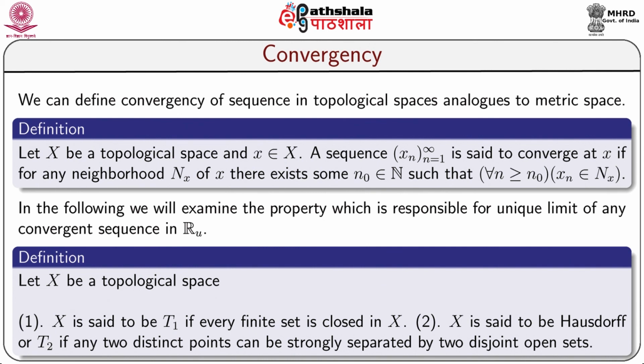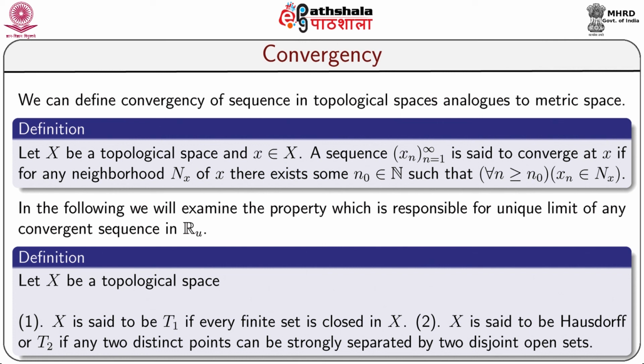Now we will discuss convergence. Like in elementary real analysis, we can also define convergence here. We will define it in this fashion: a sequence xn will be called converging to some point x if for any open set containing x there exists some n0 belonging to N such that xn belongs to the open set for all n greater or equal to n0.